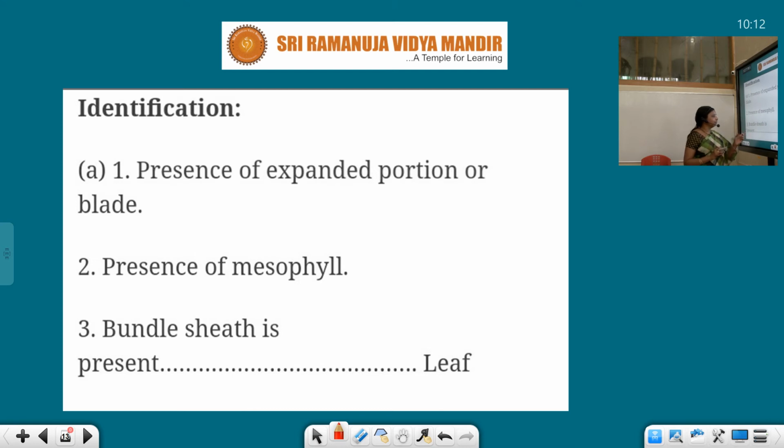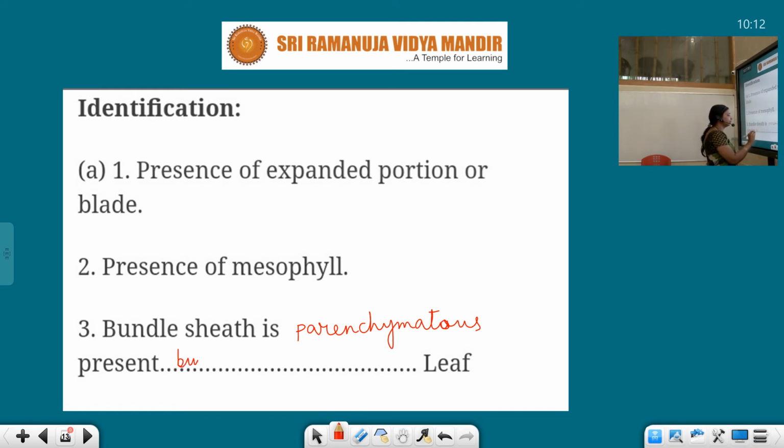And the bundle sheath is parenchymatous, and it is present.